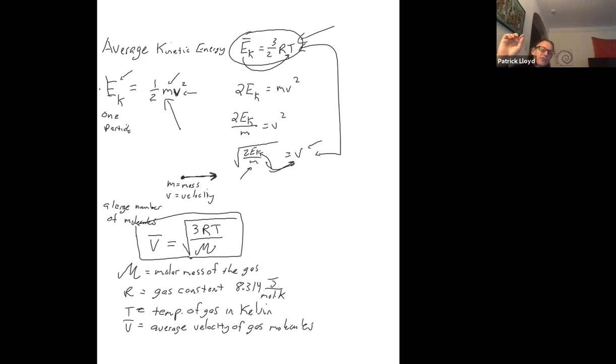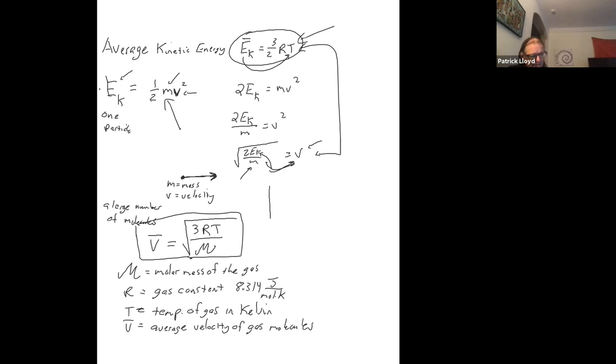But it's also assuming that we're talking about the mass of 1 mole of a gas, not the mass of 1 atom or 1 molecule. So for that reason, it's the molar mass that we would use. Those 3 put in here give you this equation. So if you know the molar mass and you know the temperature, you can figure out the average speed of these molecules. Now, let me show you a couple of graphs.